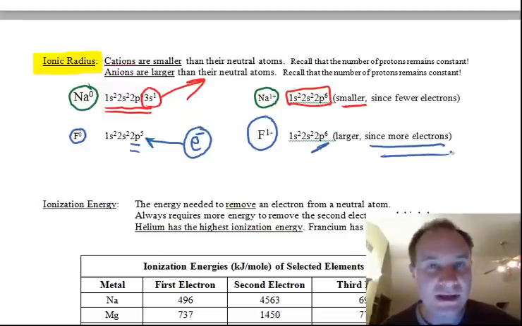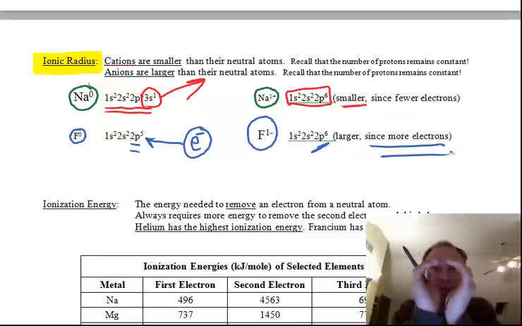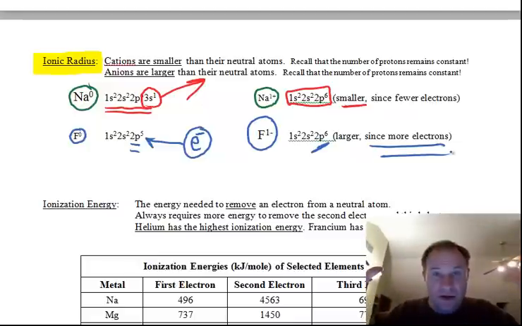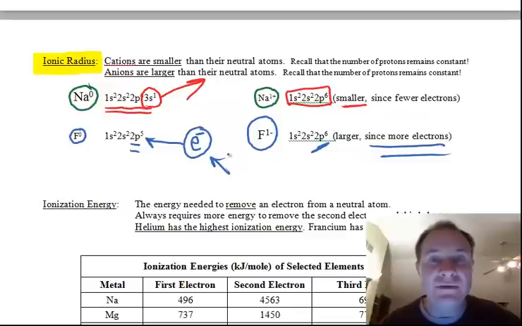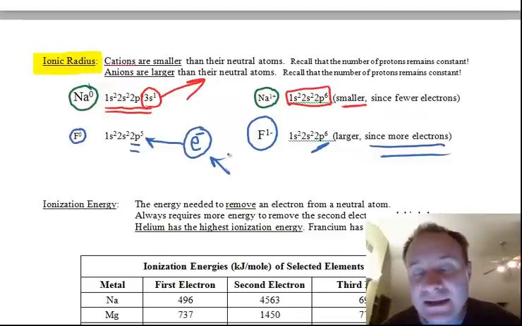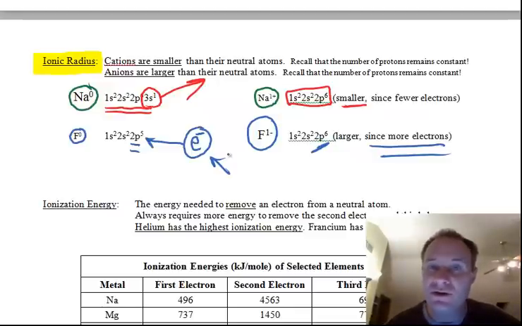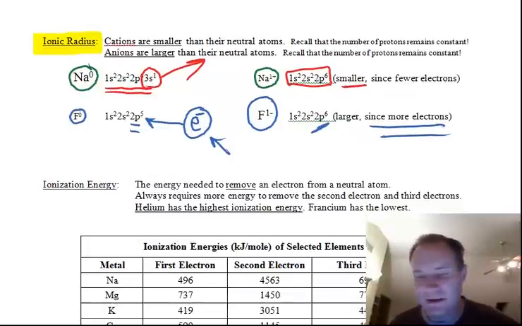There are more electrons now, just one more, but nonetheless, it's gone from being neutral to -1 by adding that negative electron. Since we're gaining electrons, it's going to become larger in size. And once you know how to think about these things, it really is quite simple.